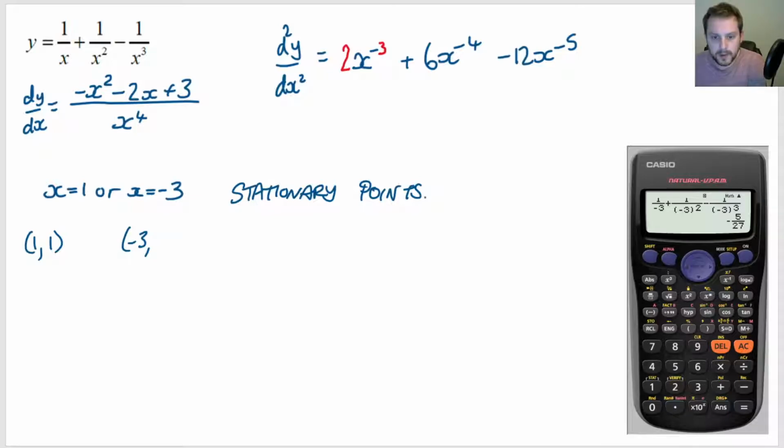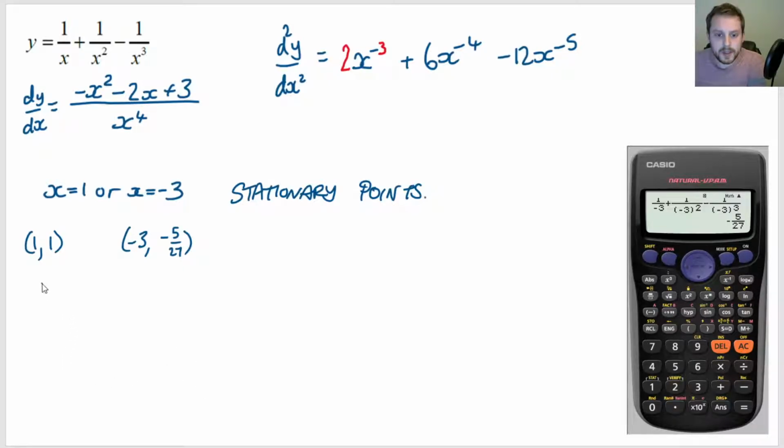So -5 over 27. So I would just leave that as -5 over 27. Okay, so these are our two stationary points. So we've actually got that part done. The next part is to categorize them.